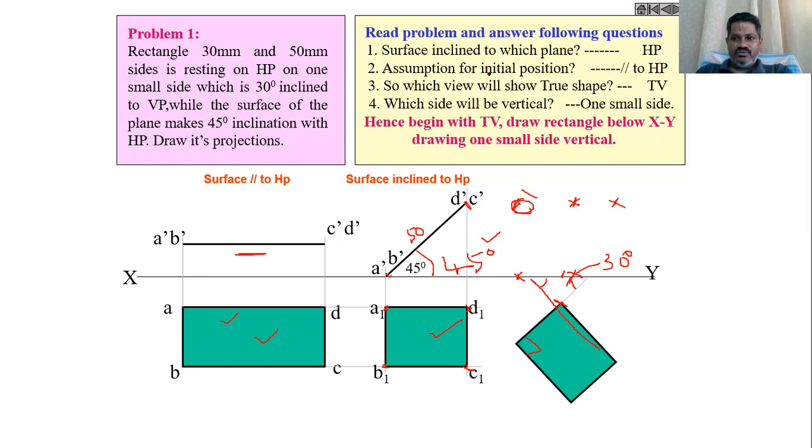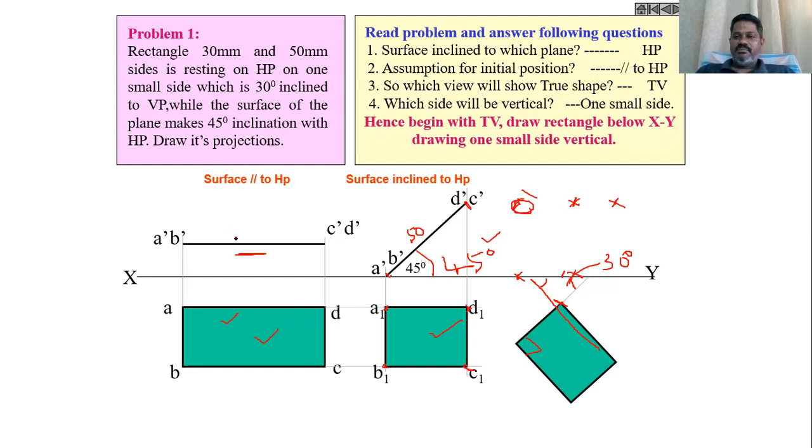Initially, in the first step, we have to assume that the plane is parallel to HP or VP, one of the reference planes. Then we have to twist the plane with respect to the reference plane with the defined angle in the problem. Then we have to twist one of the edges with respect to the reference planes. To that we have to draw the projections.